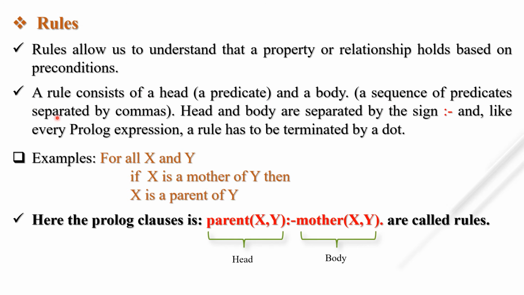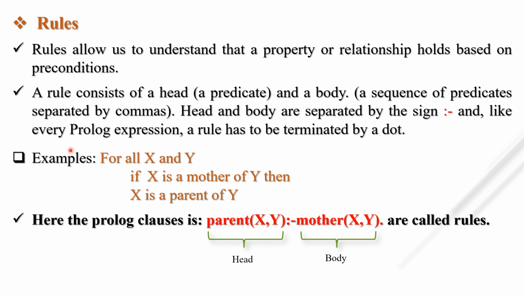A sequence of predicates separated by commas. Here you can see this is the head and this is the body. Head and body are separated by the sign colon and hyphen. And like every Prolog expression, a rule has to be terminated by a dot. So we have to put a dot here.